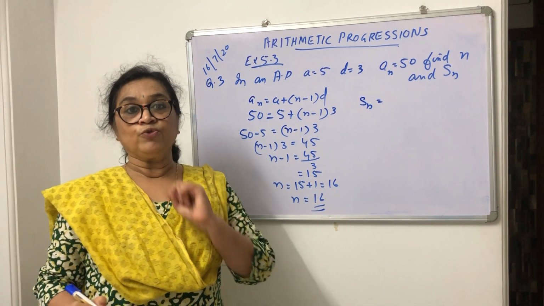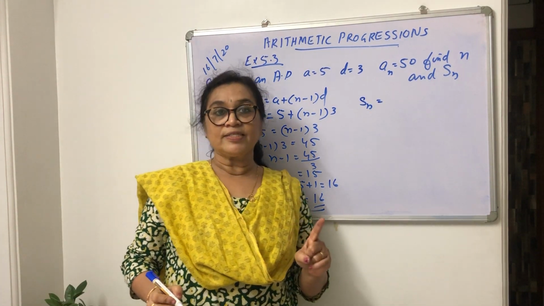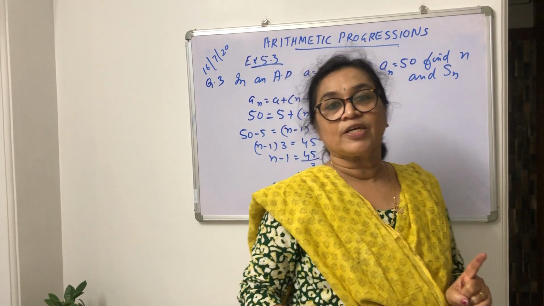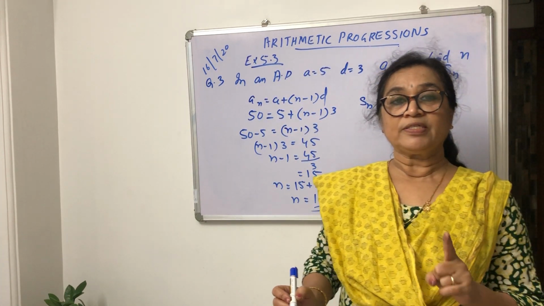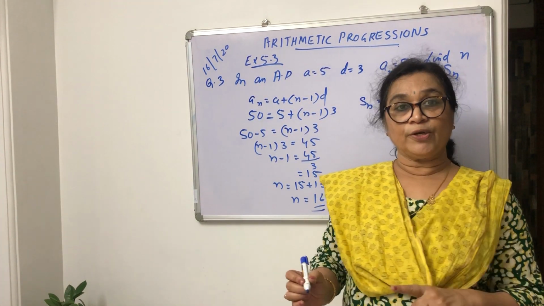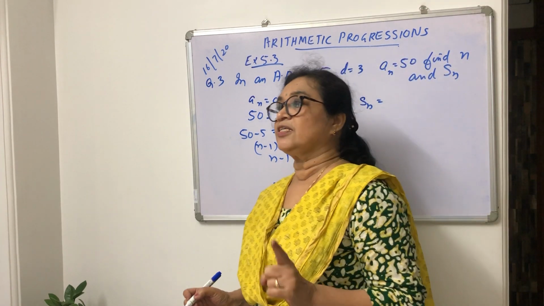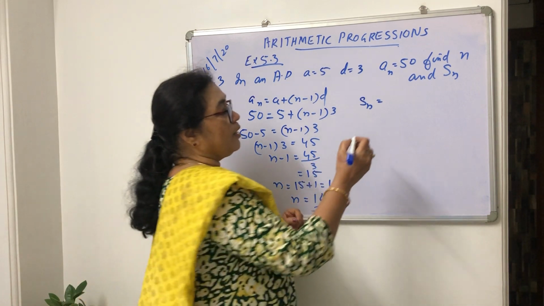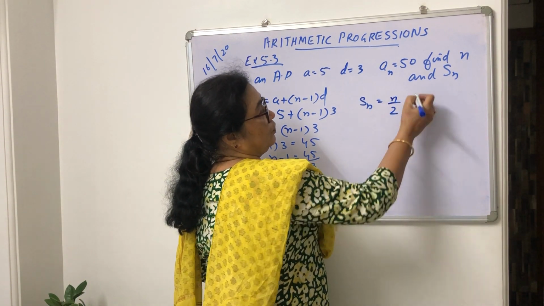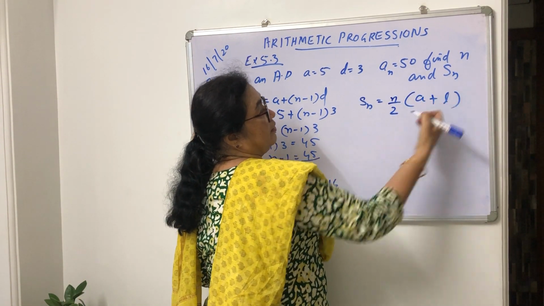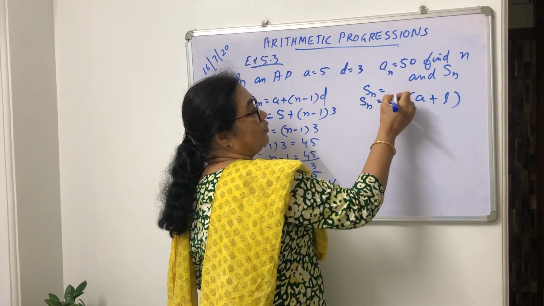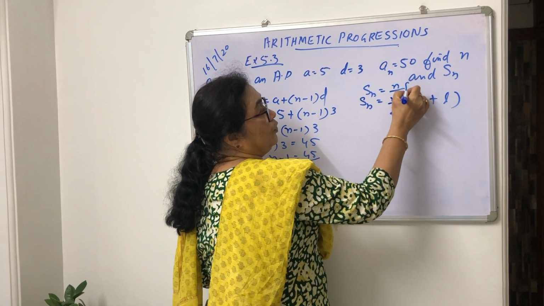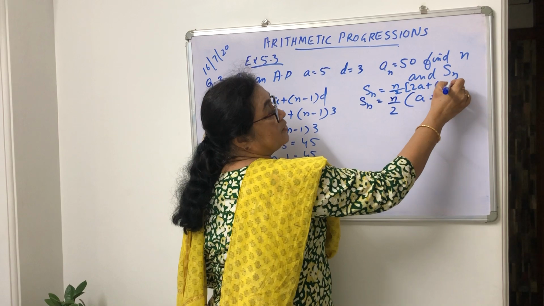You have learned two formulas. One is Sn equal to n by 2 into 2a plus n minus 1 into d. The other one is Sn equal to n by 2 into a plus l.